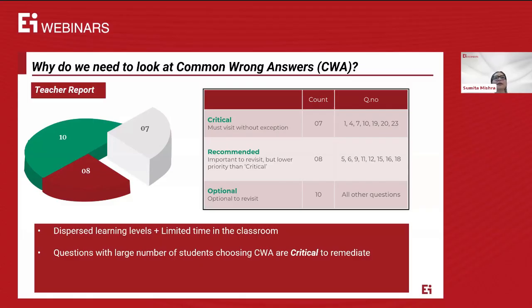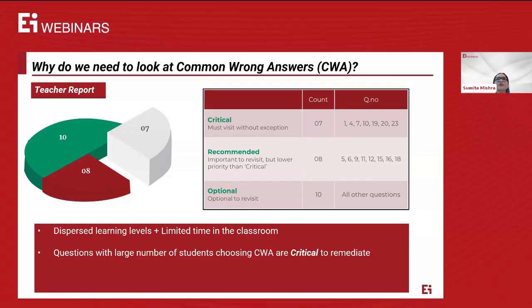It tells you how best to allocate your time in a way that gives you maximum impact. What is the most common misconception the students in your classroom are carrying, and where should the limited time that we have in the classroom as educators, how do we bucket that time so that the output that we get is the most efficient one?